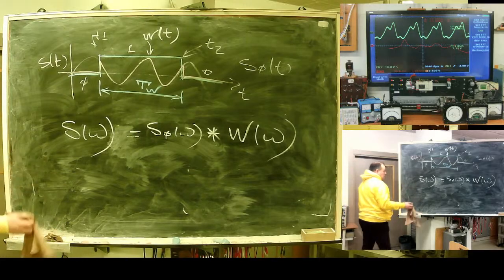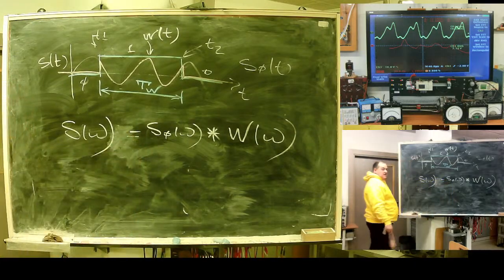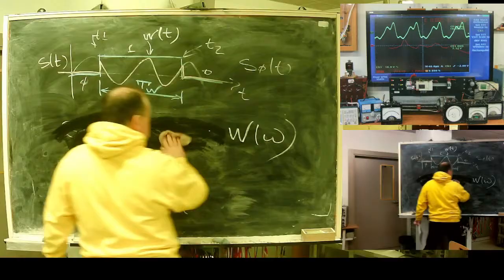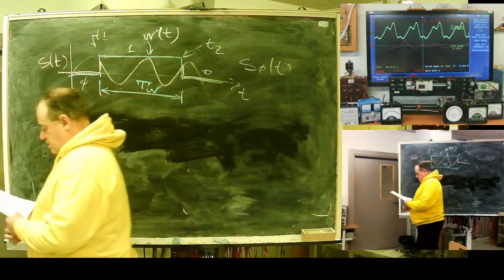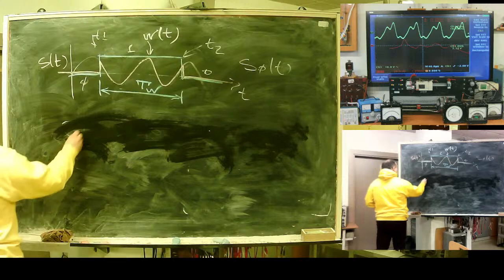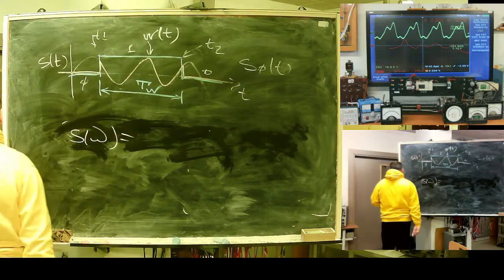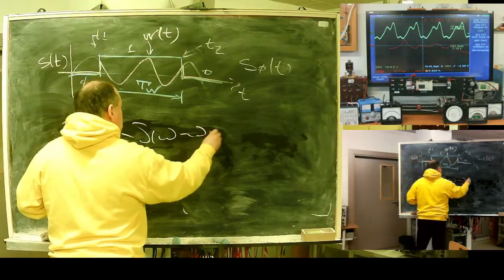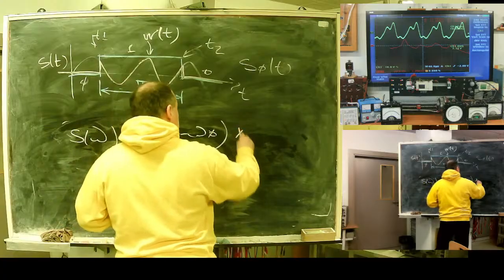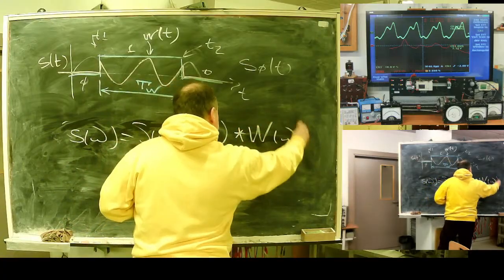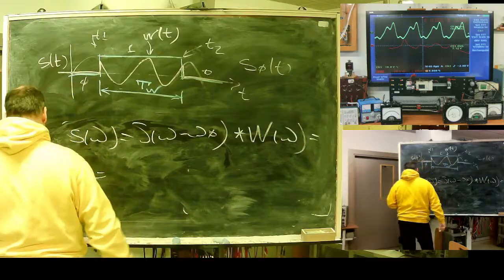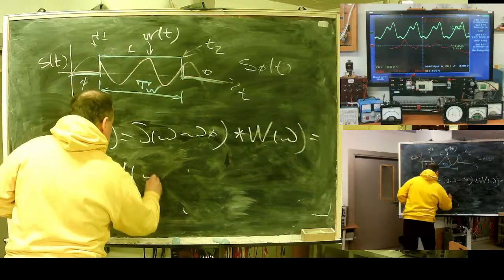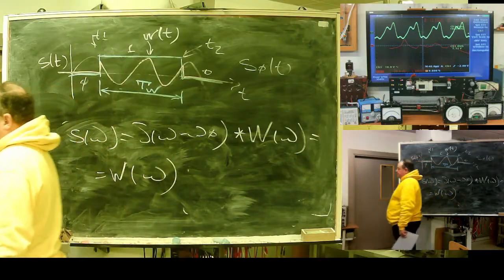Since we started from a single frequency signal, the result will be the delta function omega minus omega 0 convoluted with the windowing function. The result will be my windowing function image in frequency space.